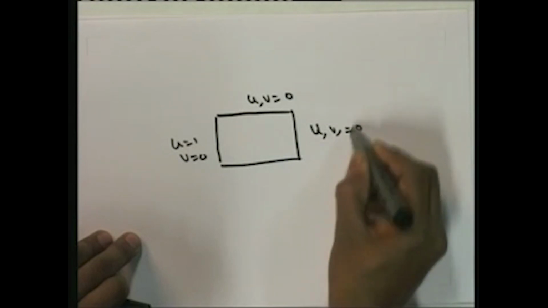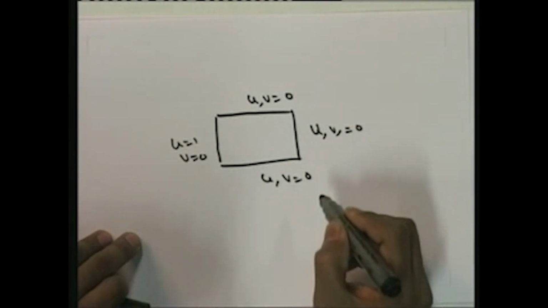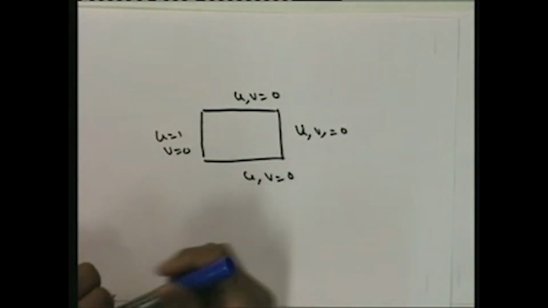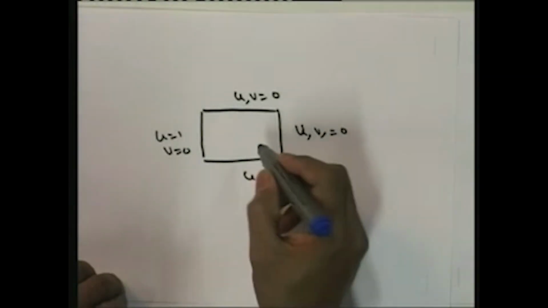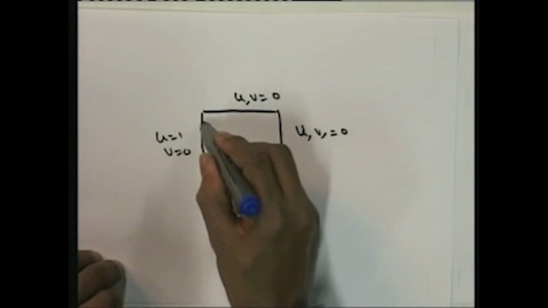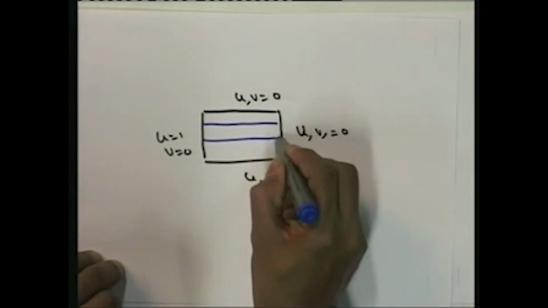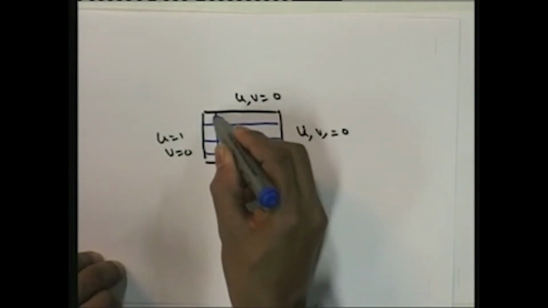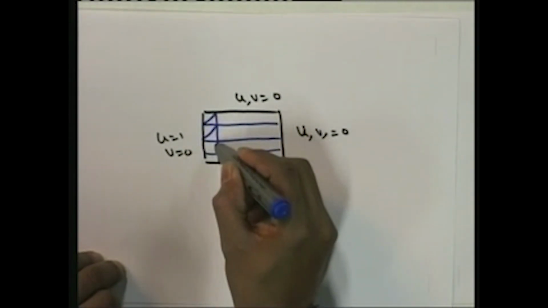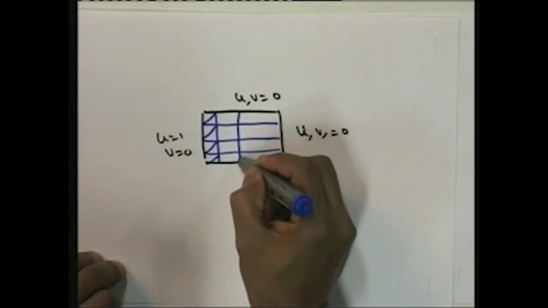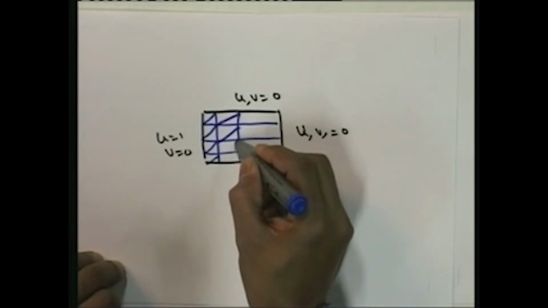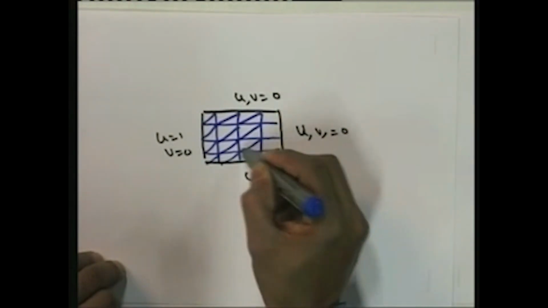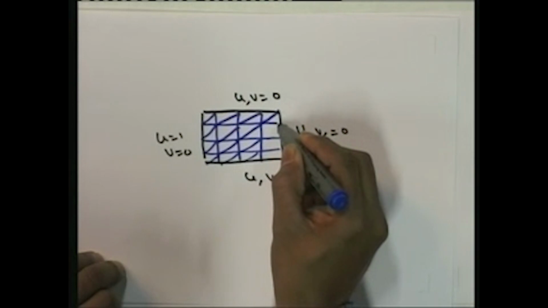Compared to the finite difference method, this is much more flexible in the finite element method. We can discretize the domain, and instead of rectangles or squares, we can use triangle elements like this also. The methodology is much more flexible compared to the finite difference.